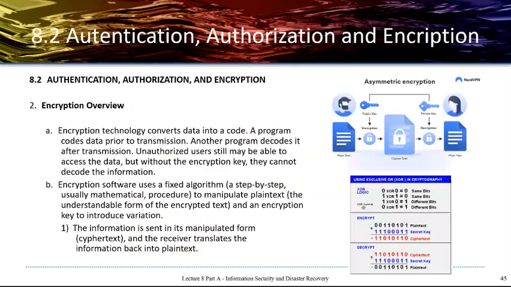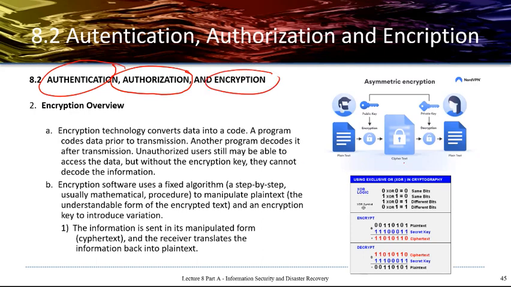I told you that I'll explain encryption. Now you need to know what encryption is. Here we are talking about authentication. After authenticating that this is the user, you have to authorize him to access the server, and then encrypt.